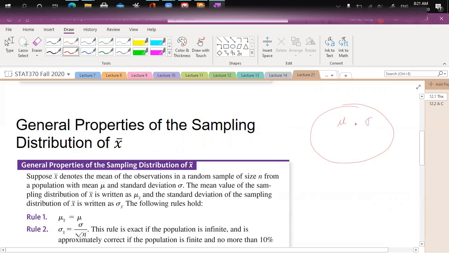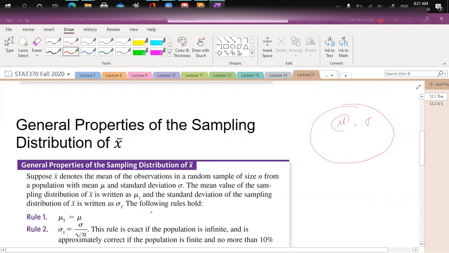These are the characteristics of this population. It doesn't mean we know them. Of course, we don't know them. That's why we are trying to estimate them.